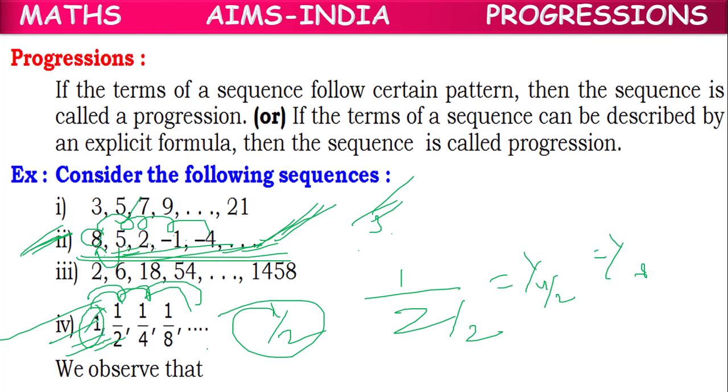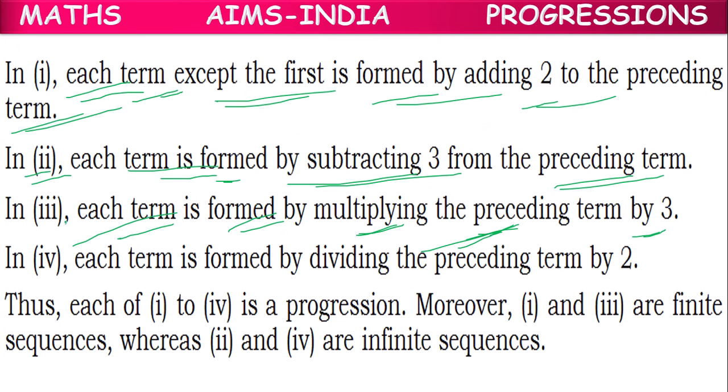So this is also having one definite formula. This is also an example of progression. So from 1 to 4, whatever examples are given, all are progressions.